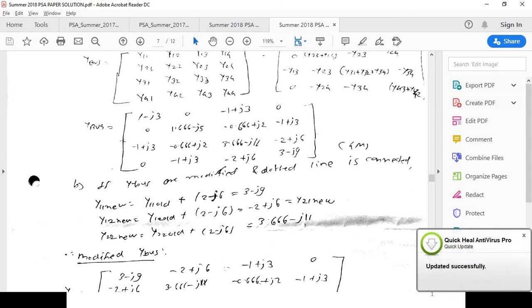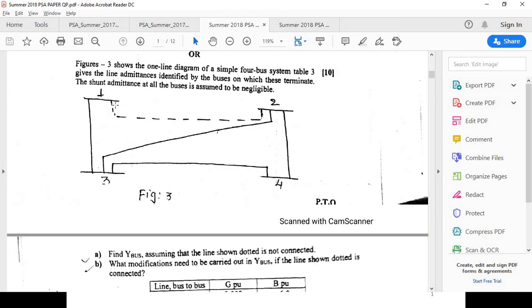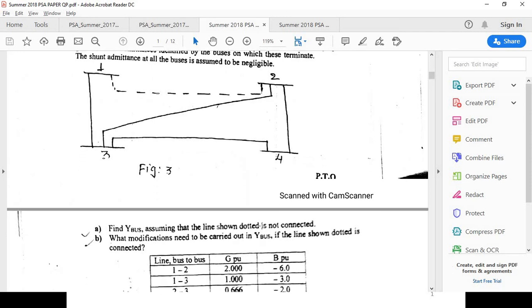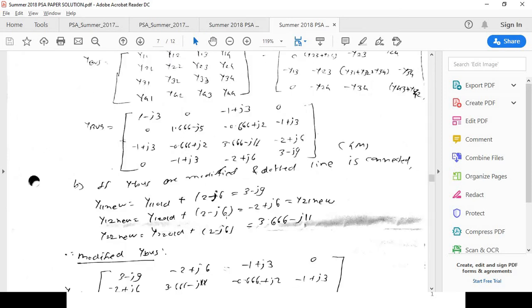But for the off-diagonal element, Y12 new is equal to Y12 old minus the newly added admittance, that is 2 minus j6. So why 2 minus j6? Because whenever bus number 1 and 2 are connected, the admittance between bus number 1 and 2 is 2 minus j6. That means the newly added admittance is 2 minus j6.